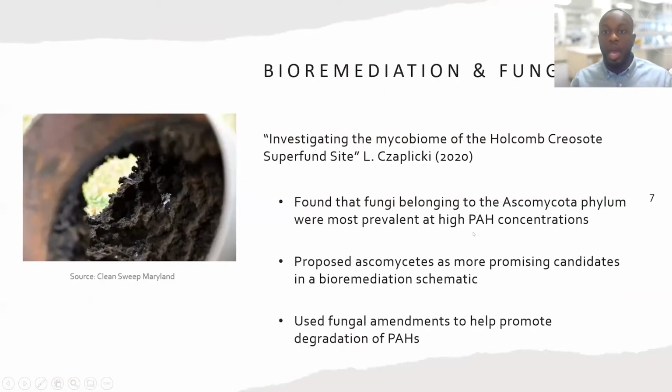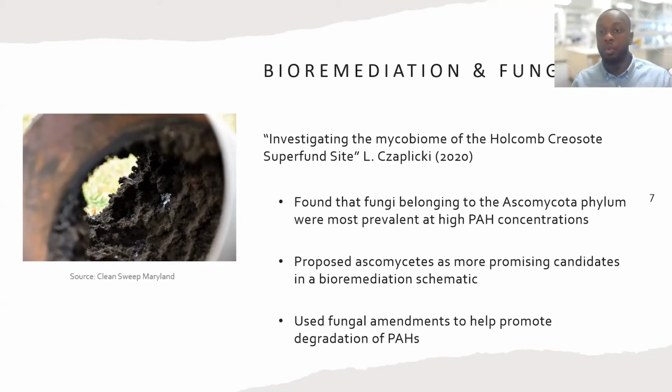Previous work done in our lab, we actually worked at a Superfund site out in North Carolina near Kernersville, I believe. And we were able to isolate fungi coming from the soil of a contaminated creosote site. A lot of them came from a different phylum. Like I said before, the white rot fungi were Basidiomycetes.